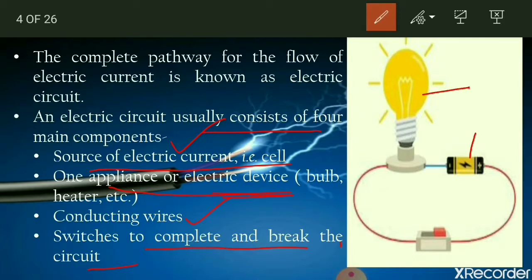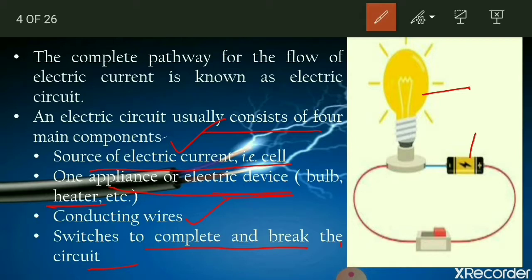The bulb is the electric device that works on electric current. When electric current flows in it, the bulb will light up. In place of the bulb, we can take the example of any other device also.